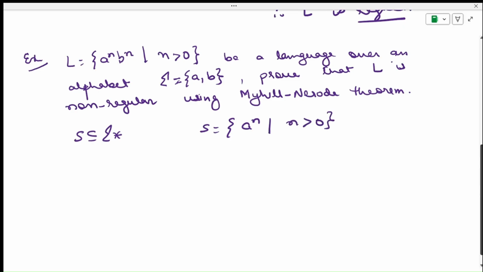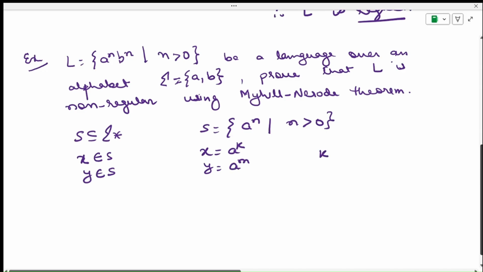Now take some string x that belongs to this S, another string y that also belongs to S. Suppose I take x is a raised to the power k and y is a raised to the power m. Well, k and m are some positive integers and they are not the same, meaning length of x and length of y are different.